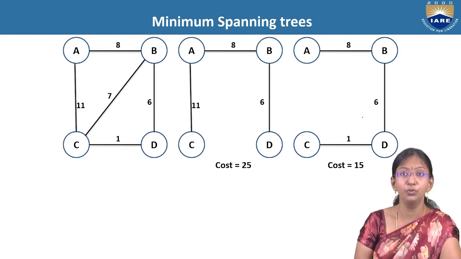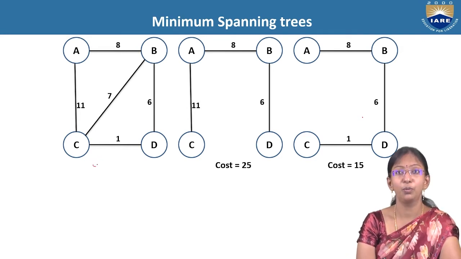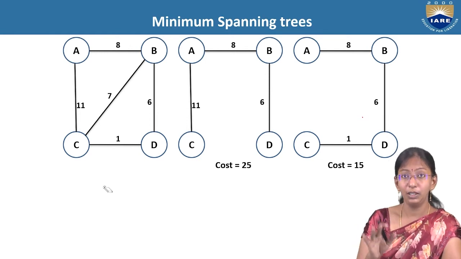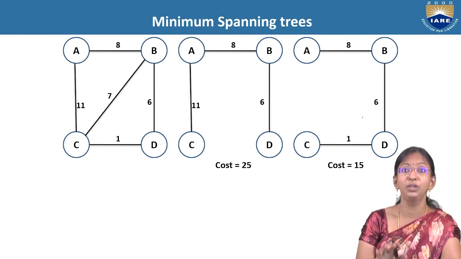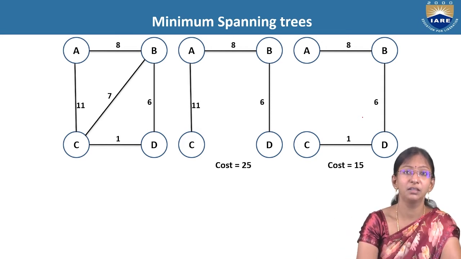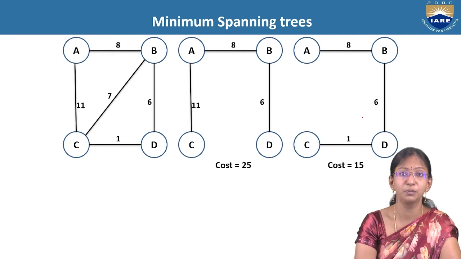We have to use whatever is provided in the given graph, whether it may be weight, edge, vertex, anything. Only within our boundaries, we need to construct a minimum spanning tree.